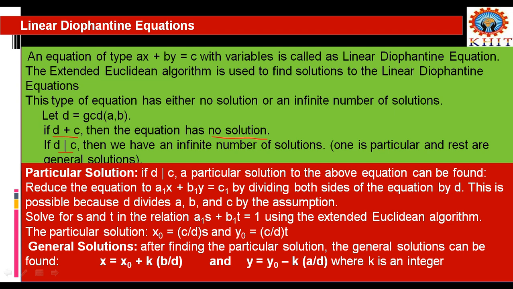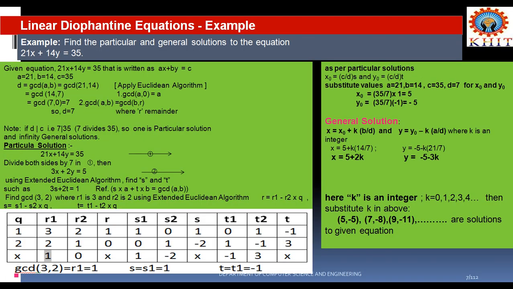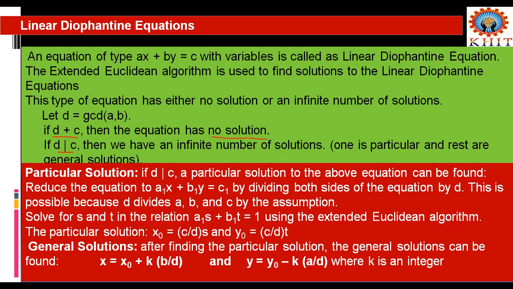For that purpose, first of all, reduce the given equation by dividing both sides of the equation by the d value. So what is the d value? d is nothing but the GCD of a and b.